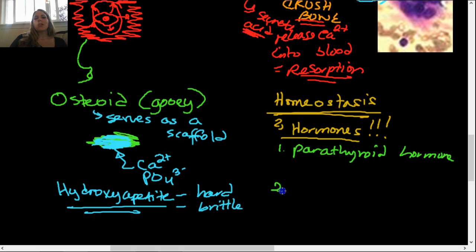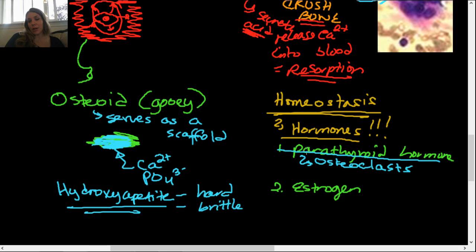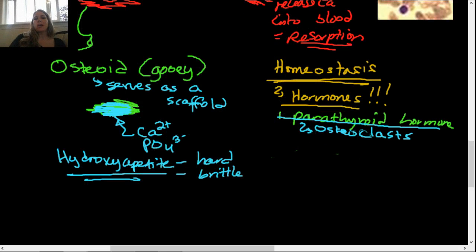The second one is estrogen. And you're like, okay, starting to put 2 and 2 together, because parathyroid hormone controls your osteoclasts, or at least they think it does. We're not sure. I mean, this is still an area of active research. Okay, so parathyroid hormone acts on osteoclasts, and how does it do it?